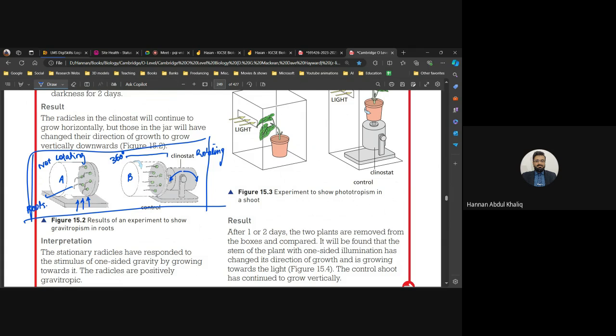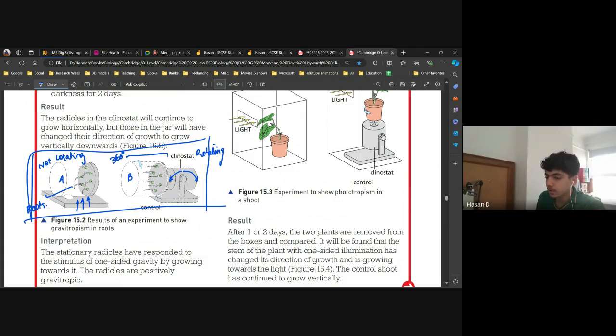We were proving the point that in setup A, the root is bending downward towards the gravity. So why did we use the B setup? To show the effect on the root when gravity is affecting all sides of the root.